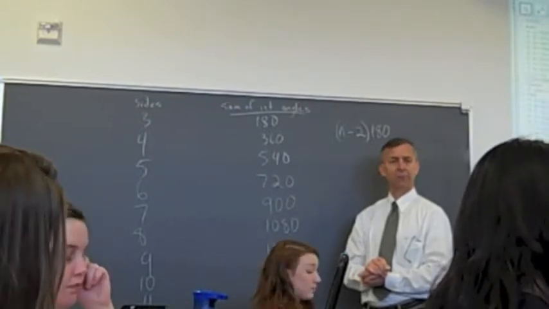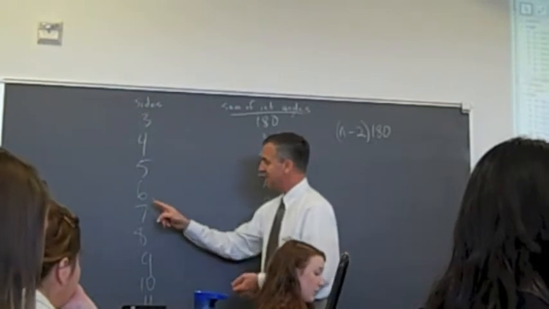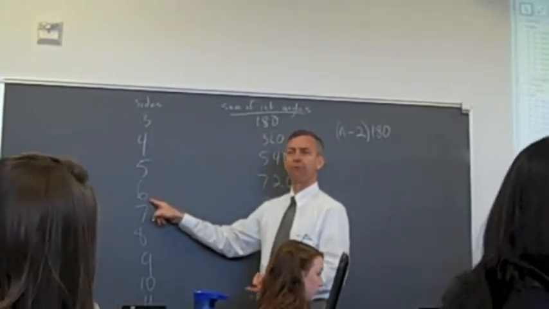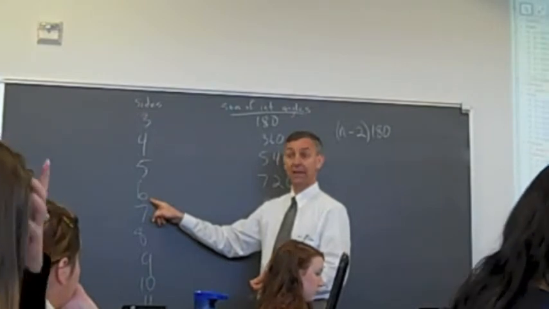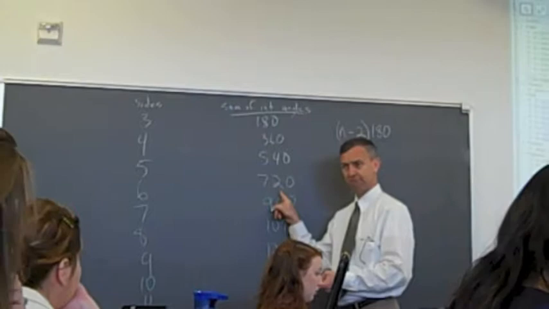Why is that the formula? Can everybody see that? If I were to take 6, 6 minus 2 is 4. 4 times 180 makes 720, right?